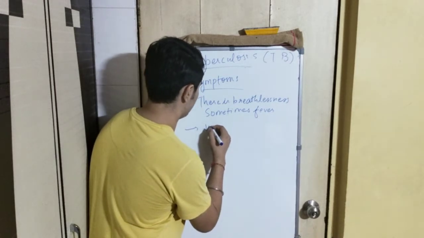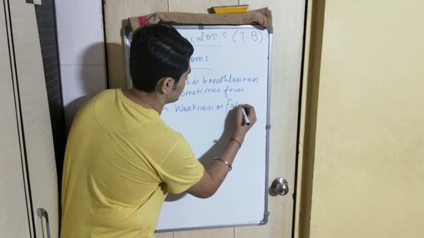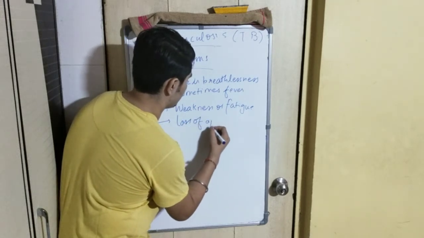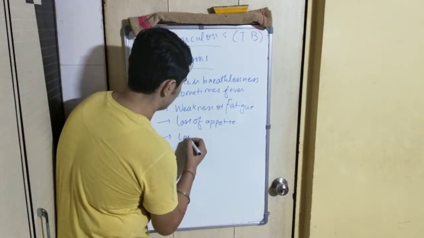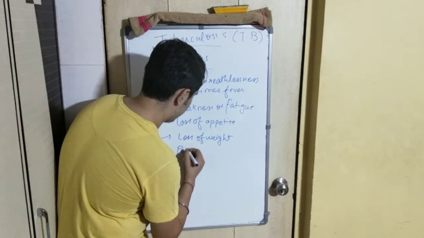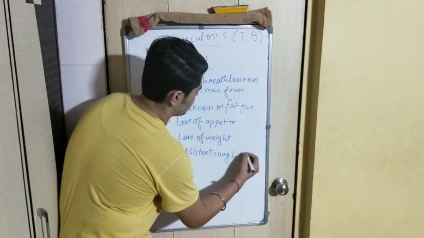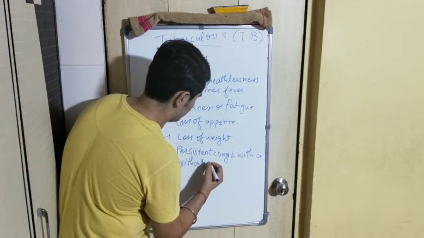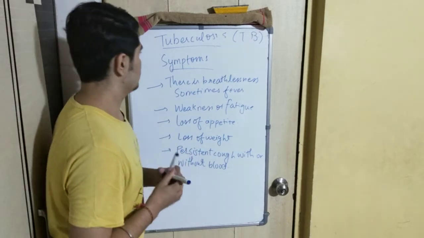Second is weakness or fatigue. The third is loss of appetite, which causes loss of weight. Persistent cough with or without blood. So these are some symptoms of tuberculosis.